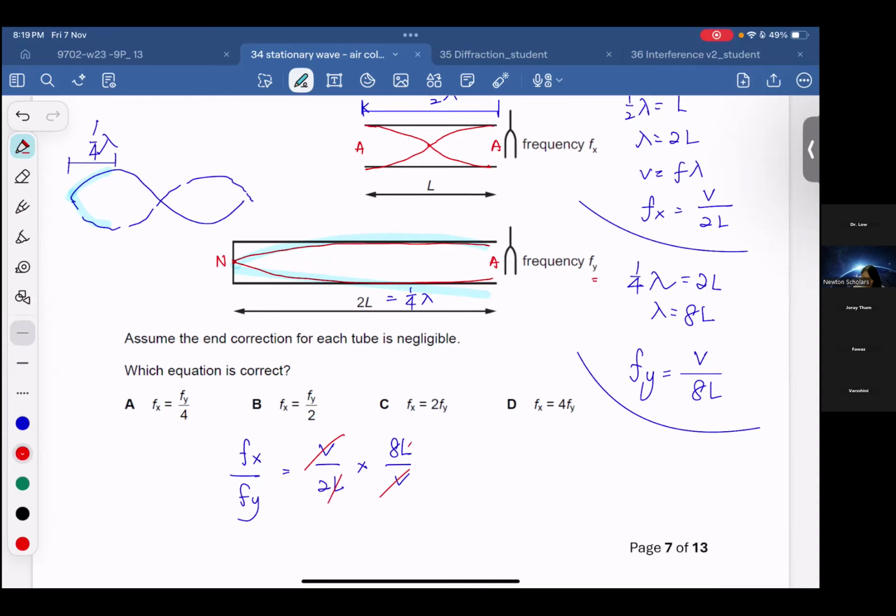Then L and L cancel, 4 over 2 is 2. Then Fx equals, moving Fy to the other side, 2Fy.